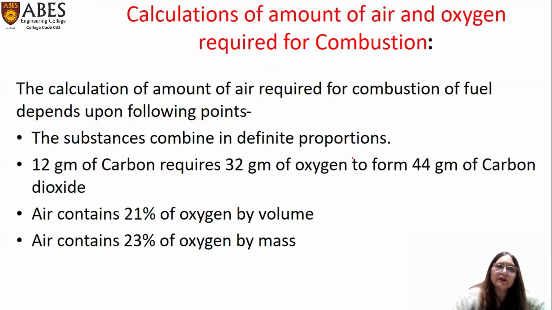Now coming to the calculations, some important points for the calculation of combustion of fuel. Substances always combine in definite proportions, and these proportions are determined by their molecular masses. Suppose carbon undergoes combustion in the presence of oxygen and forms CO2.